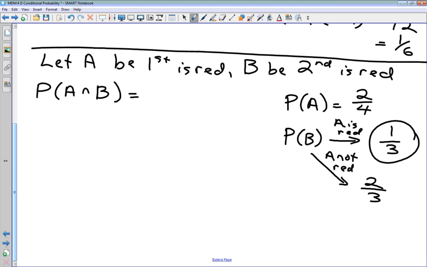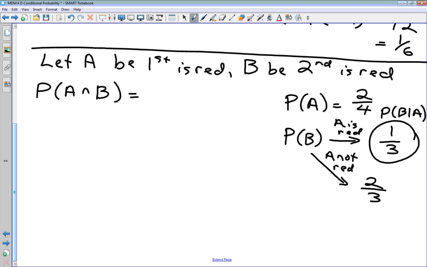So this is the probability of B given A. It's the probability of B occurring assuming that A has already happened. In an AND event, we need both of these things to happen, so A has to have occurred.